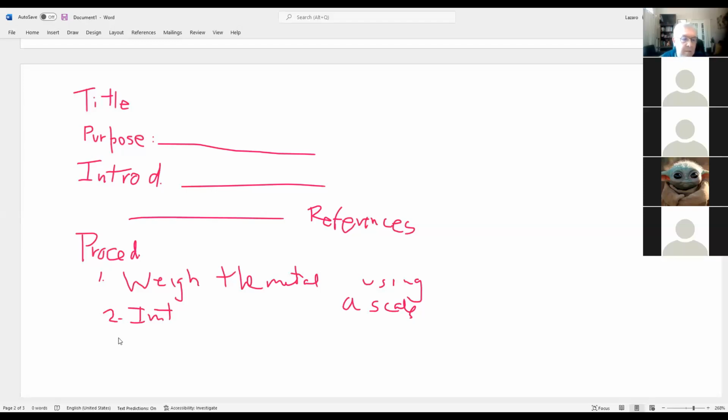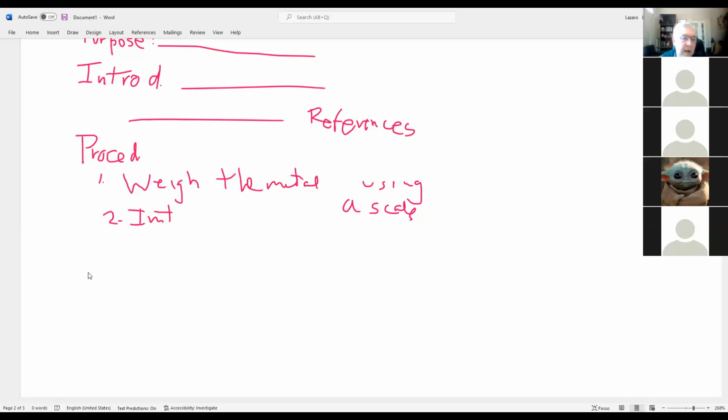And later, you can write your data. The data reported, for example, during this week was the length of the pencil. Then you say 30.20 centimeters, for example.